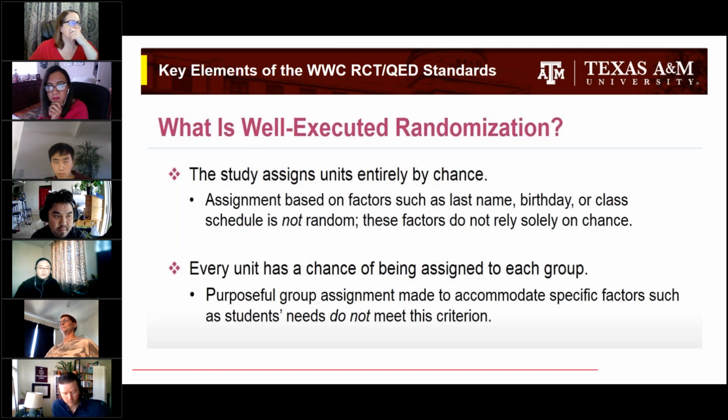So when you sort the random numbers, it helps you get 50 participants labeled as the intervention group, and the other 50 to the control group. So we have techniques to do that, but it does not necessarily mean that you should have exactly the same number of participants in both groups.